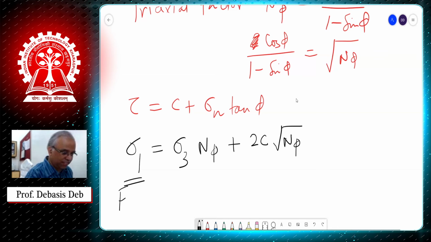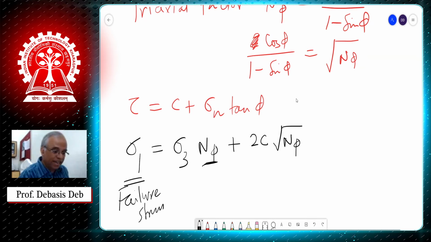Now you see in the equation, this is my failure stress, the stress normally applied to fail the rock. And you see this N phi is completely controlled by the friction angle. The more the phi, the more the value.